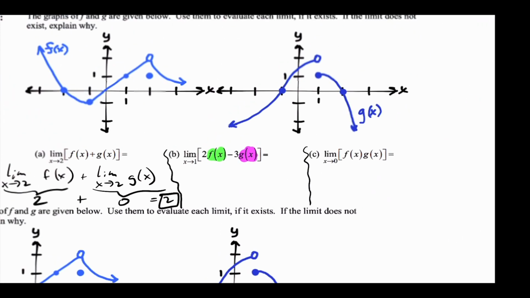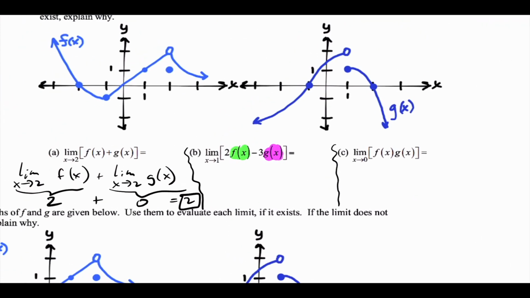Okay. So as x approaches 1 here, what is the limit as x approaches 1 for f? Looks like it's 1, right? Yeah, positive 1, y equals 1, right there. Times 3. What is the limit as x approaches 1 for g? Yeah, it doesn't exist, right? It does not exist here, because 1 is here.